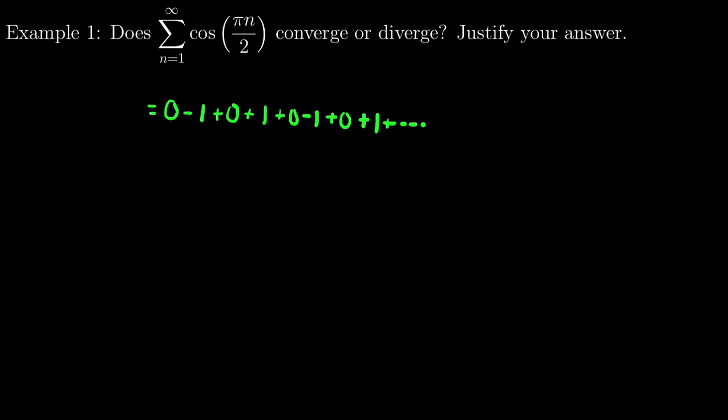If I look at this, the limit of these terms as n approaches infinity is not 0. It's not approaching anything. It keeps alternating from 0 to -1 to 0 to 1, and never settles down to 0. So because of that, the series diverges.